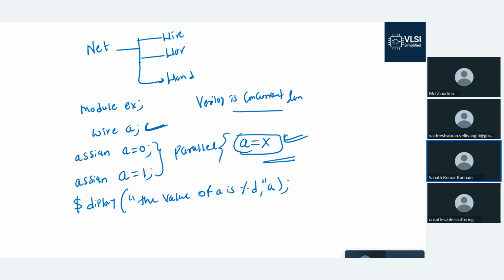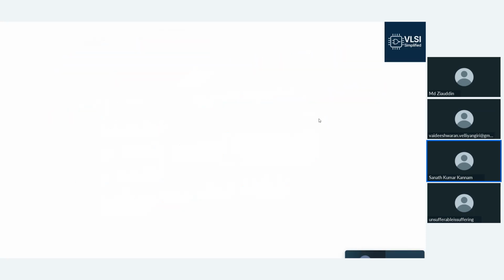You can run this program in EDA Playground or Vivado and you will see A equal to X. In order to overcome this disadvantage, in the net data type we have one more data type, that is wor data type.